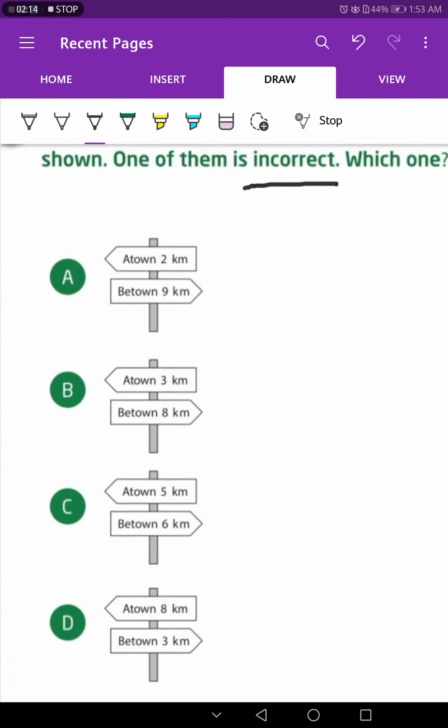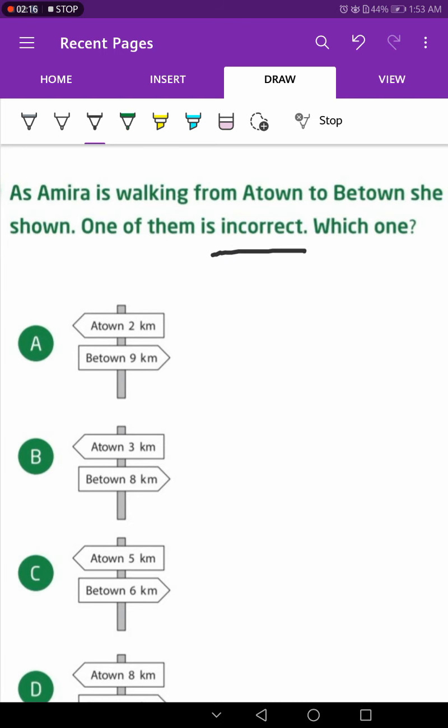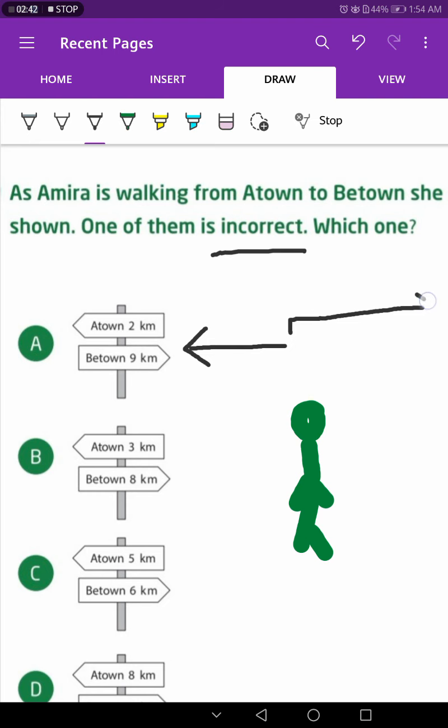Now if I check the first sign, I will consider this is Amira, and she looks at the first sign here. She sees she needs 2 kilometers to the left, and 9 kilometers to the right.